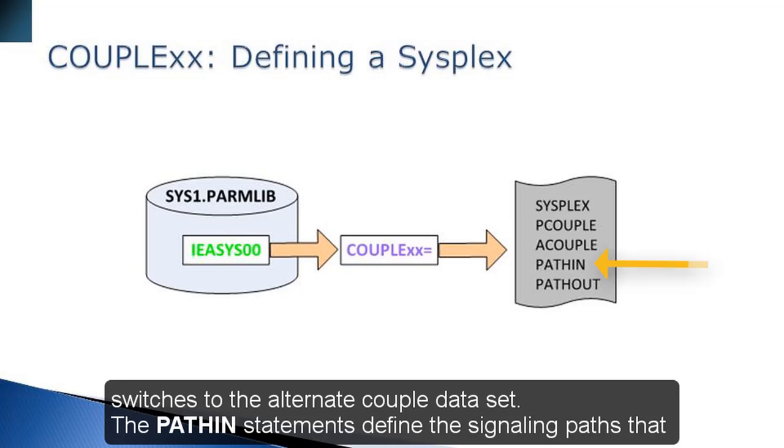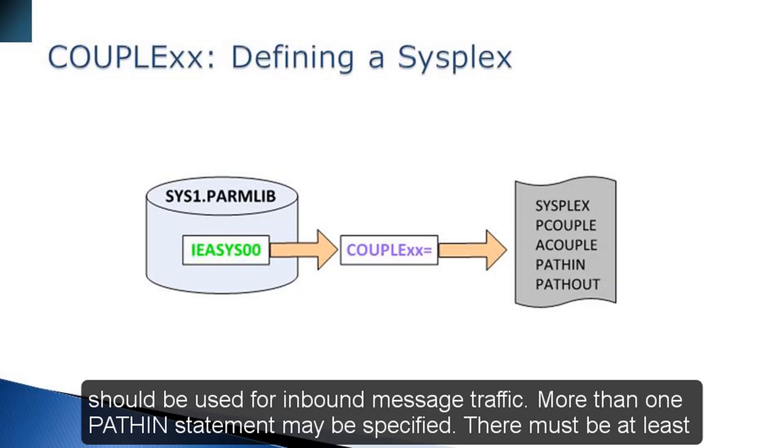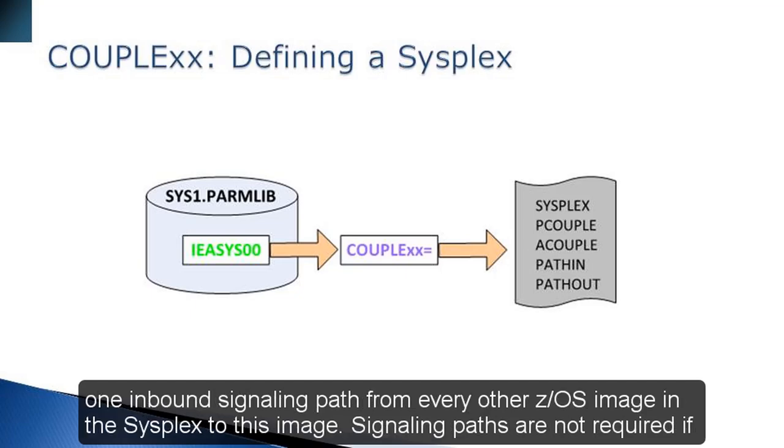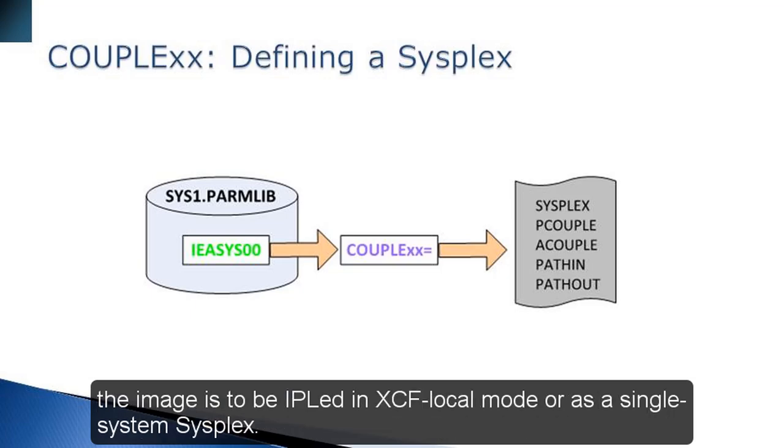The PATHIN statements define the signaling paths that should be used for inbound message traffic. More than one PATHIN statement may be specified. There must be at least one inbound signaling path from every other z/OS image in the Sysplex to this image. Signaling paths are not required if the image is to be IPLed in XCF local mode or as a single system Sysplex.